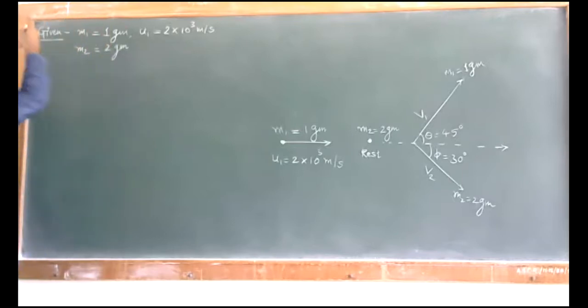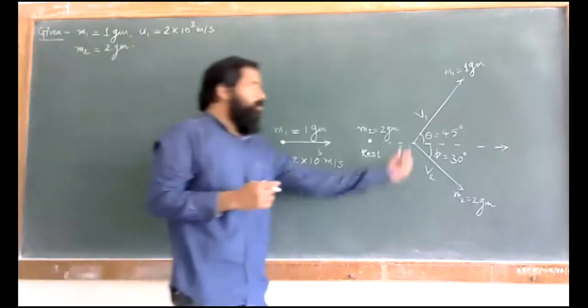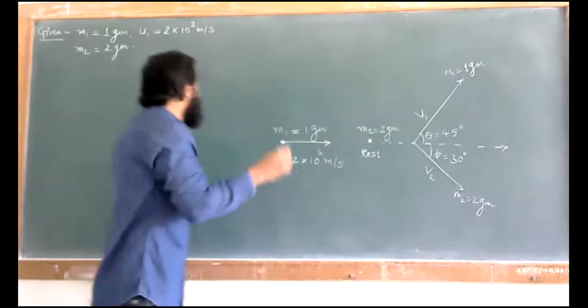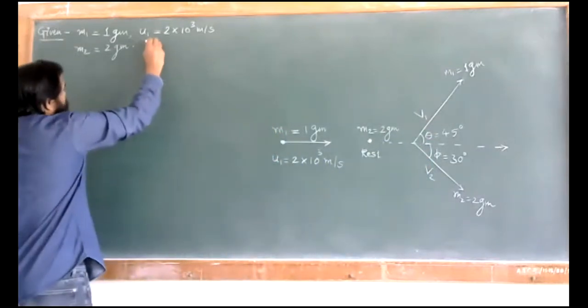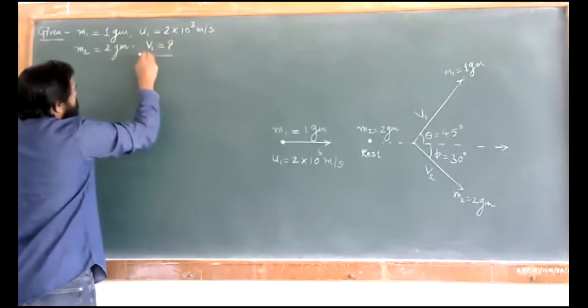The second particle has mass m2, equal to 2 gram, and we have to find the velocity of the particle of mass 1 gram after collision. That means we have to calculate the value of v1.